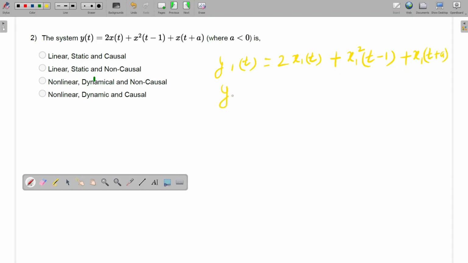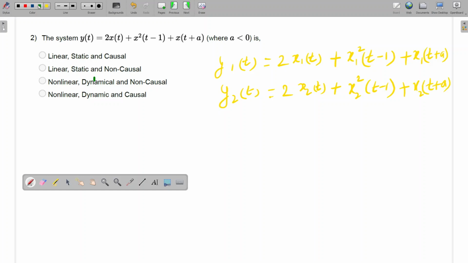Similarly y2 of t will be 2 into x2 of t plus x2 square of t minus 1 plus x2 of t plus a.